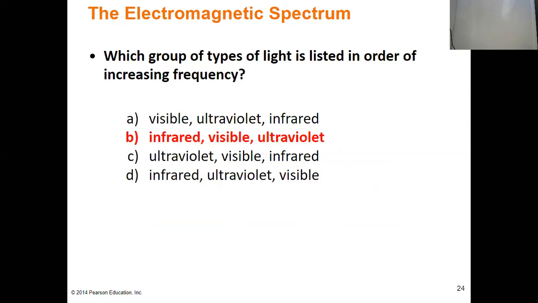The important thing to do here is to make sure that you are connecting frequency back to energy level. If I want to go from the smallest frequency to the largest frequency, then I'm going from the lowest energy to the highest energy. So when you look at your electromagnetic spectrum, you should see that infrared has the lowest energy out of those three options, and ultraviolet has the highest energy.